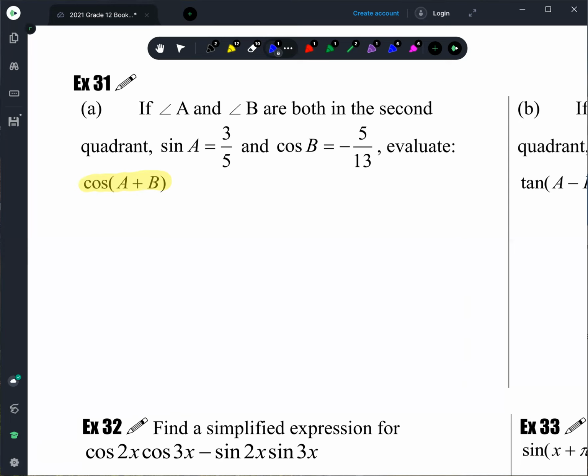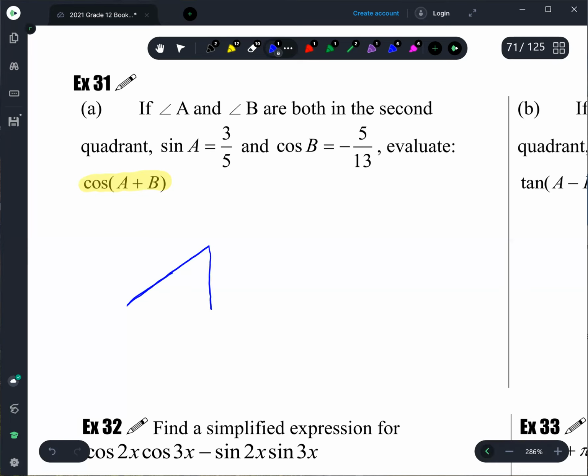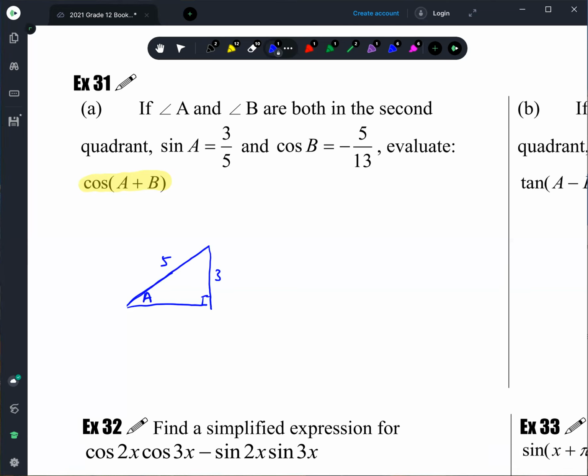But for these ones, they are all right triangles. Cosine law is for, oh, I just realized you can just do sine inverse 3/5. For example, for sine angle A, 3 is here, 5 will be here, and then you can do inverse to find the angle.